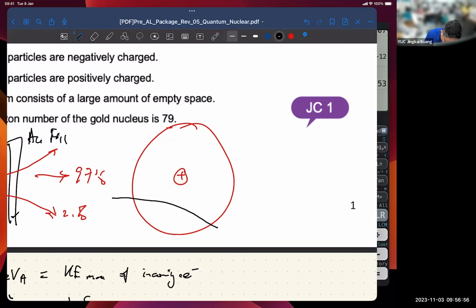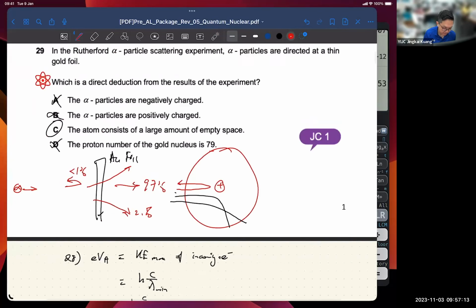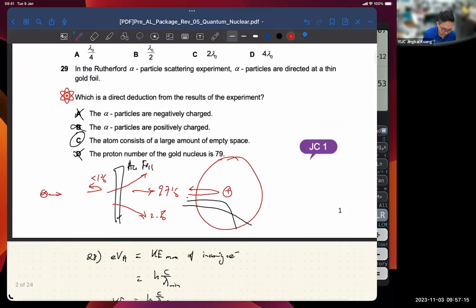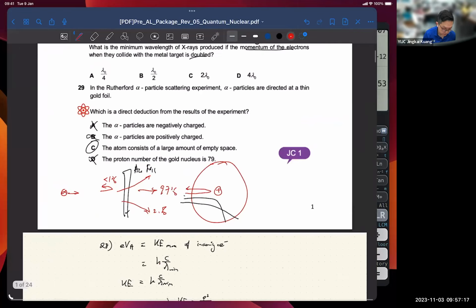If you're closer, then the curvature will be much sharper. So these are the possible paths. Of course, if you go head on, then you will just turn back. So in this case the answer is just C. Okay, 29. Moving on, so no issue.